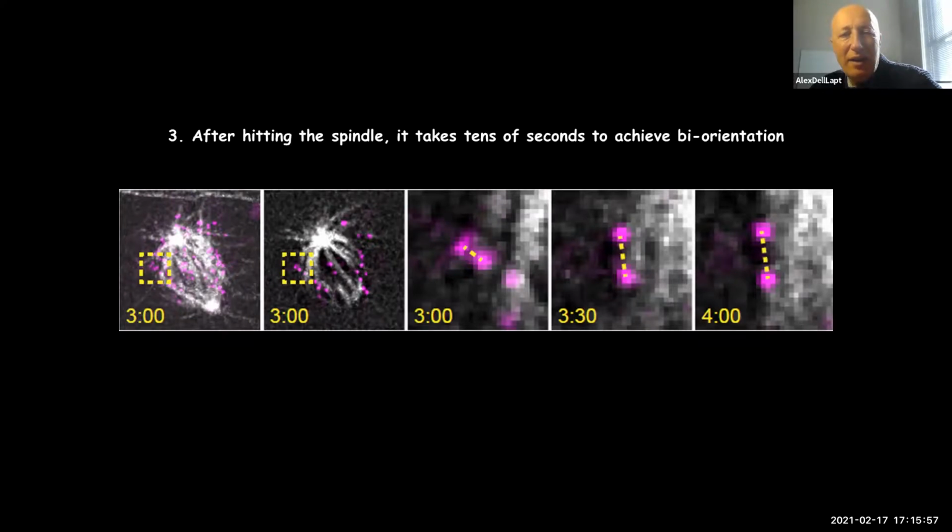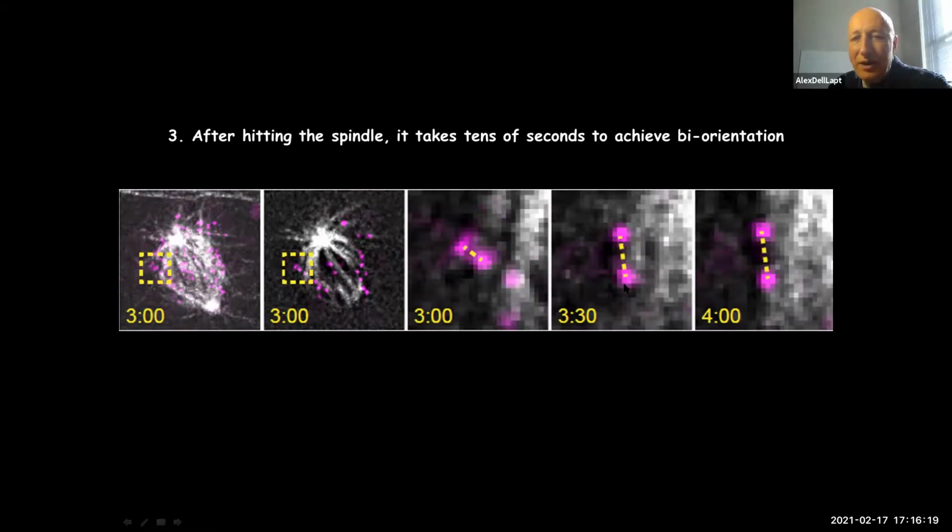At a very high spatial resolution, you can image individual microtubule bundles of the spindle and two sister kinetochores. And you see, this is the moment when the chromosome is hitting the bundle of the spindle. There's already somebody sitting there.